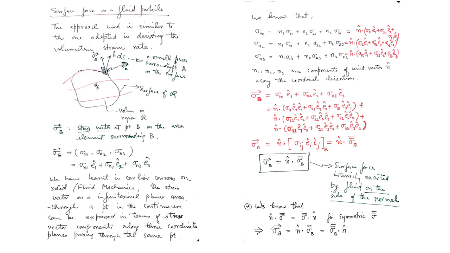The three components can be written in the three coordinate directions: sigma n1 E1 cap plus sigma n2 E2 cap plus sigma n3 E3 cap. This is the usual way of writing a vector in a general coordinate system. Sigma n1, n2 and n3 are the three components of this general stress vector.